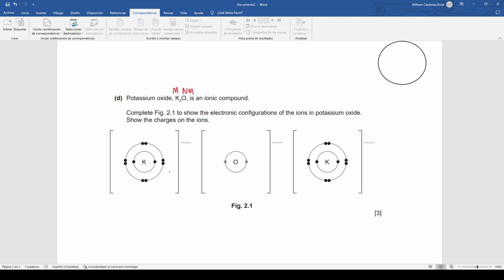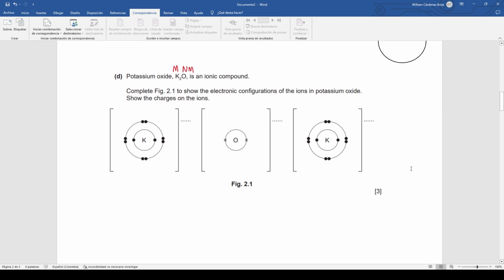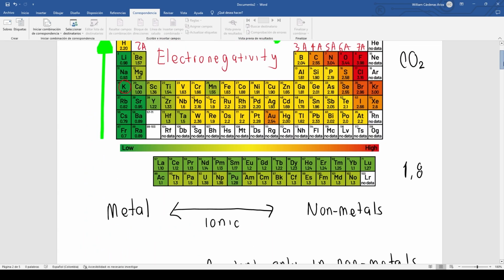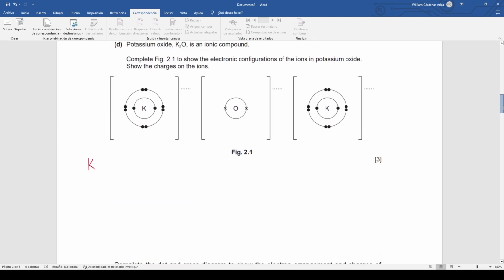Okay, so in this case, let's start. It's the easiest way to start by doing the electron configuration. And potassium has an electron configuration. Let's see what the atomic number is. So potassium is 19. So potassium 19 will have an electron configuration of 2, 8, 8, 1.